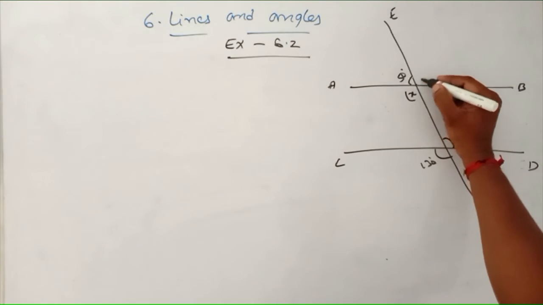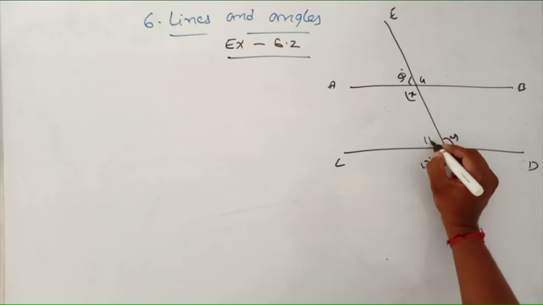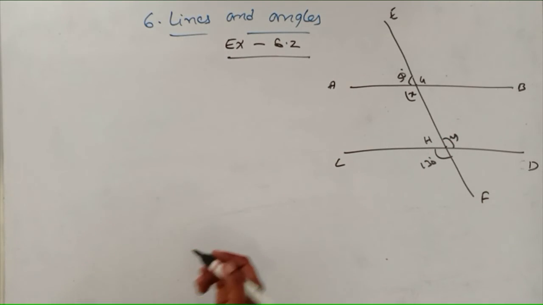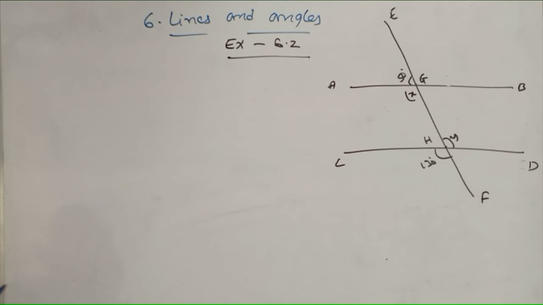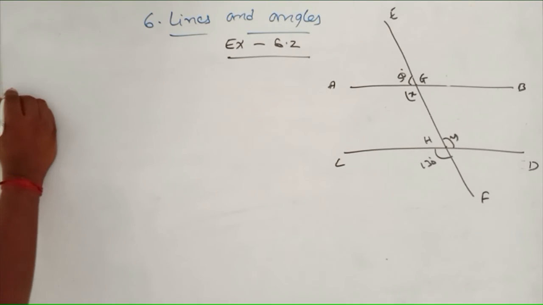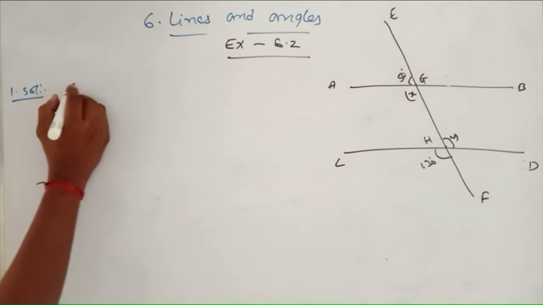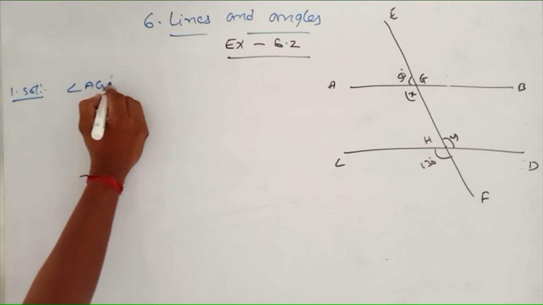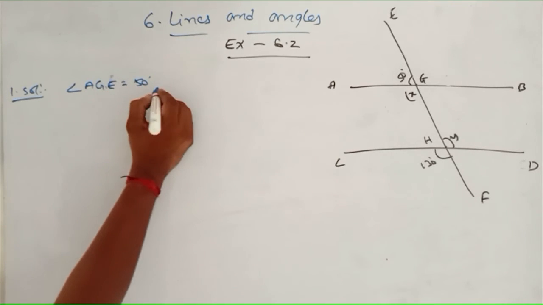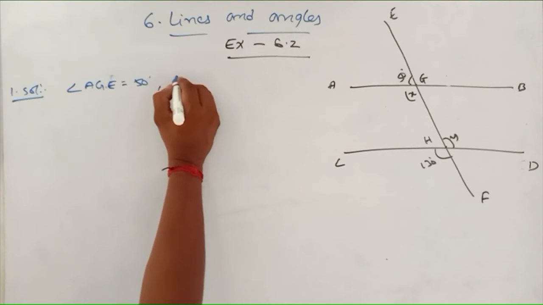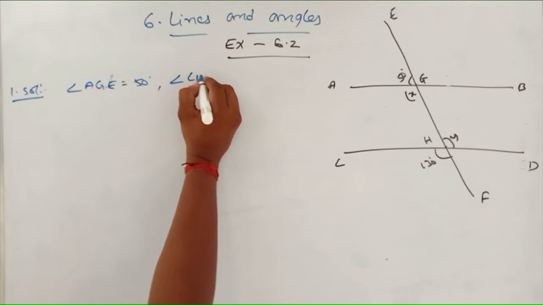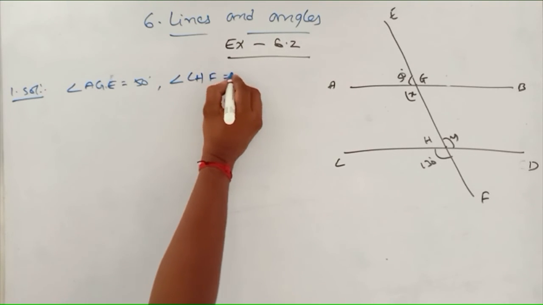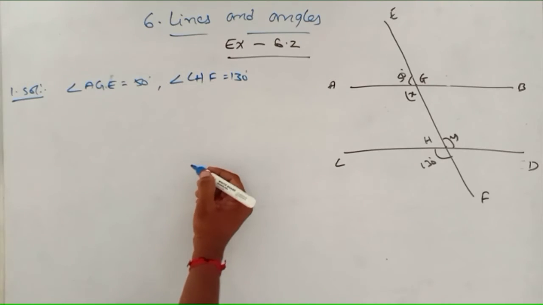Now here I am solving. This intersecting point is G, and this intersecting point is H. So first, the given angles: angle AGE is equal to 50 degrees, and angle CHF is equal to 130 degrees.